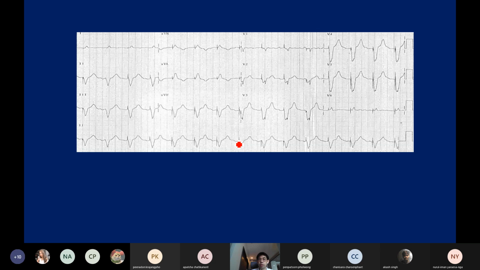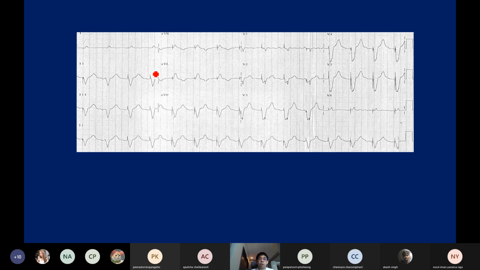So what about this one? Which chamber are the leads in? Anyone know? If nobody knows, I will answer it for you.